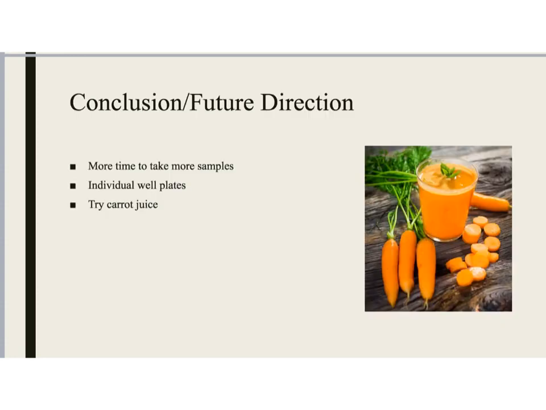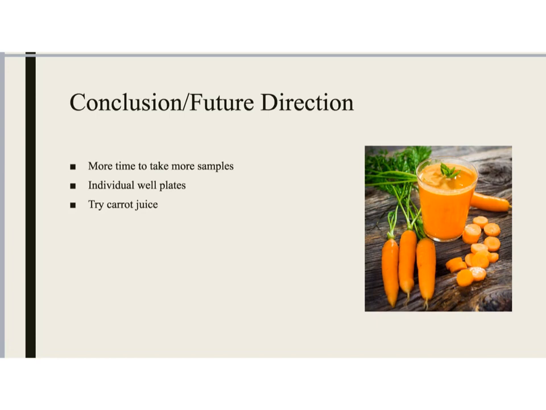So in conclusion, I would probably determine this to be a good treatment, but I would also like to take way more samples and look at it more closely. We only had about 3 to 4 weeks to work on this project, so we did not have a lot of time to do different things with it. For future direction, I would like to have more time to take more samples.